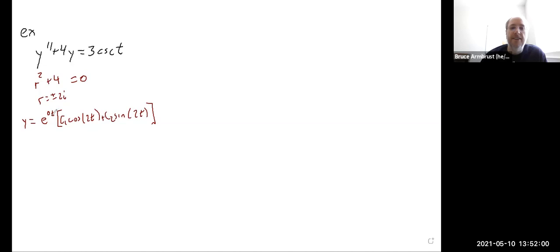And then of course e to the 0t just goes away. So in terms of our fundamental set, we've got this. So we're cruising, right? We're almost done. The only thing we need is a y particular.